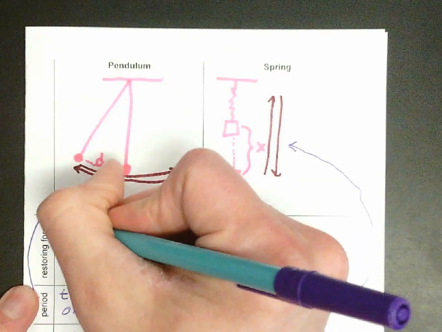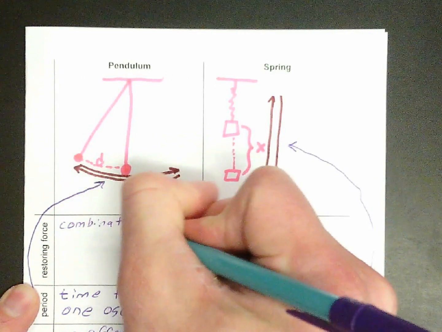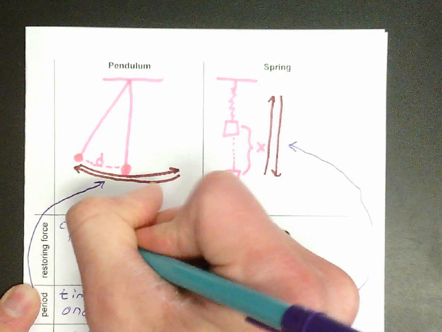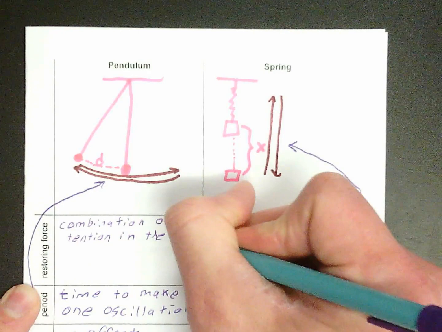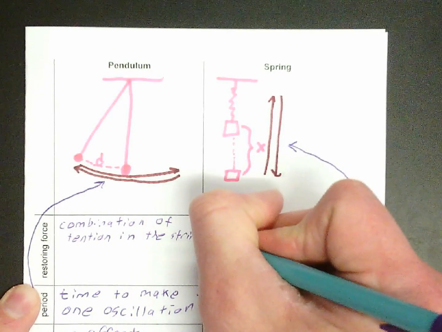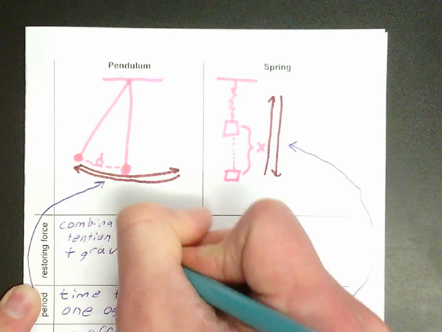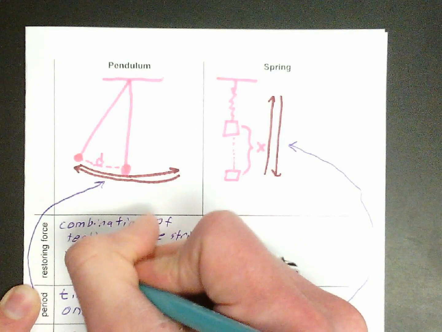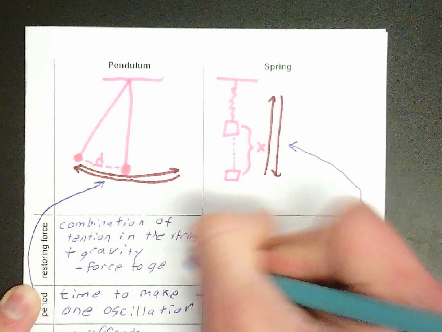So the restoring force is a combination of tension in the string and gravity. It's probably worth remembering what restoring force is. Restoring force is the force to get back to equilibrium.